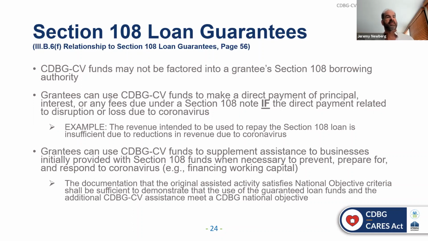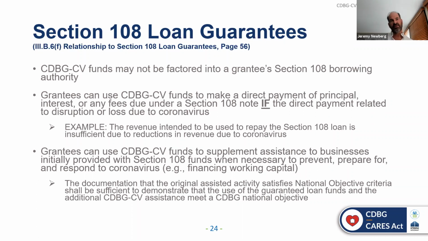Grantees can use CDBG funds to supplement assistance to businesses initially provided with Section 108 loans when necessary to prevent, prepare for, and respond to coronavirus. The documentation that the original assisted activity satisfies the national objective criteria shall be sufficient to demonstrate that the use of the guaranteed loan funds and additional CDBG-CV assistance meets a national objective.